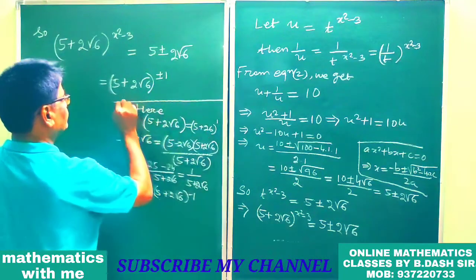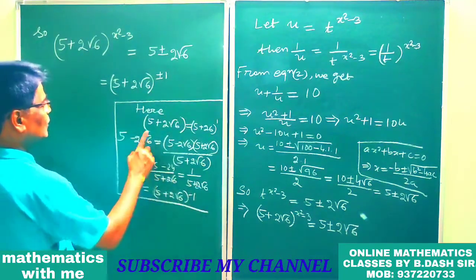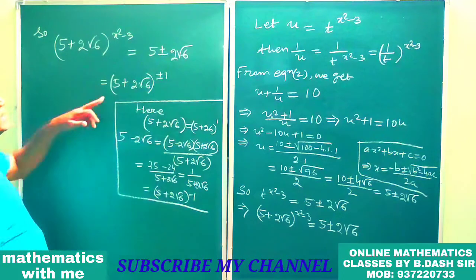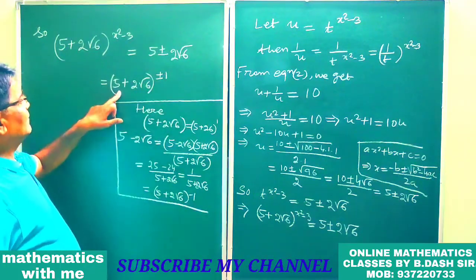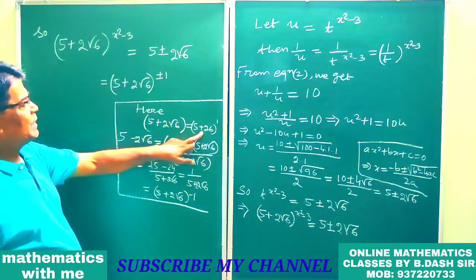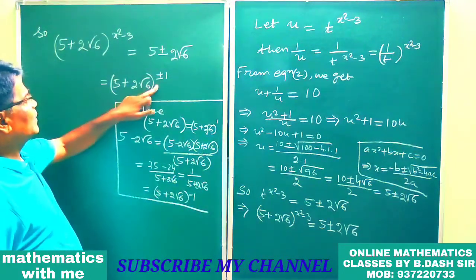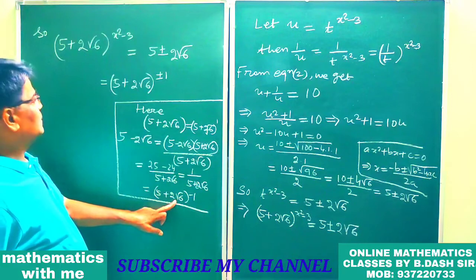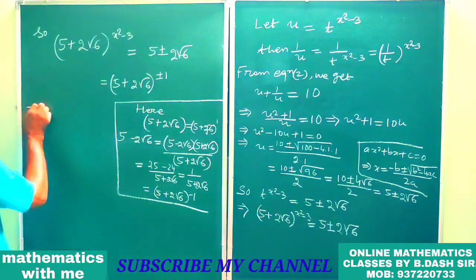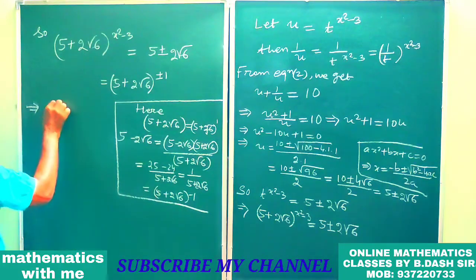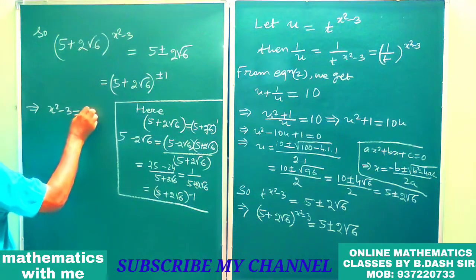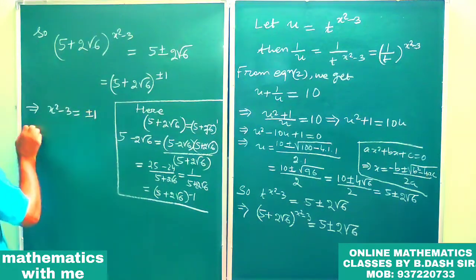So we get 5 plus minus 2 root 6 is equal to 5 plus 2 root 6 to the power plus minus 1. So this implies x square minus 3 is equal to plus minus 1.